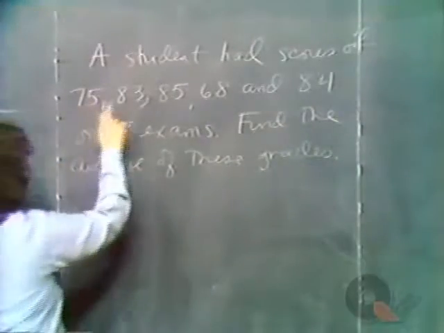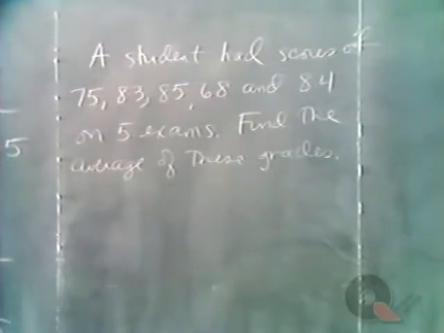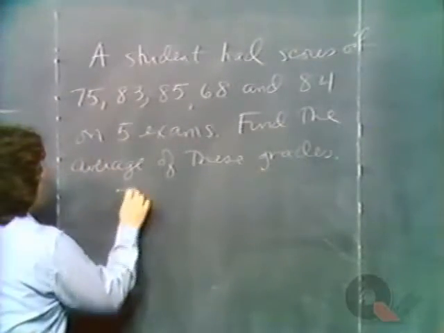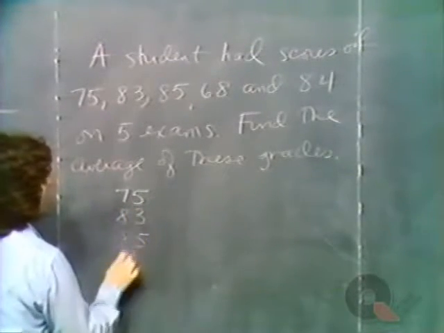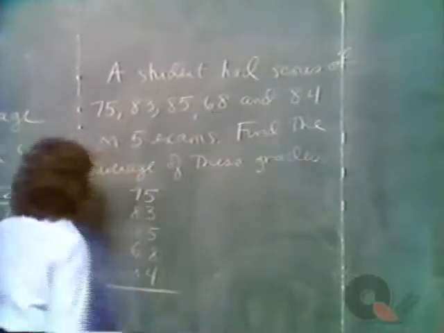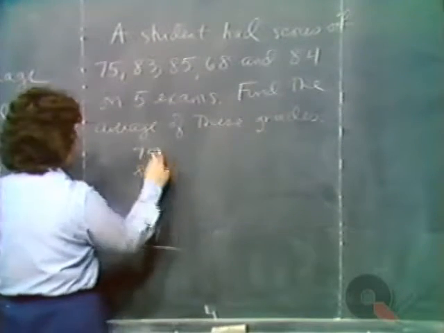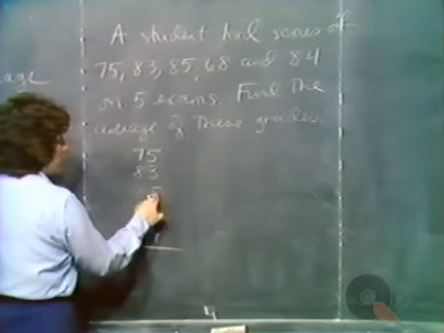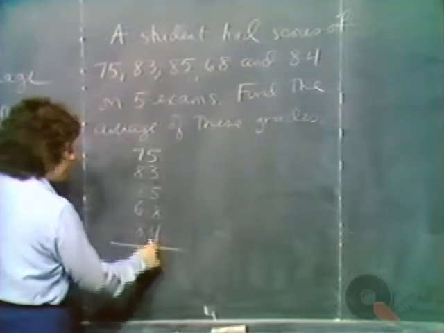Okay, there are 1, 2, 3, 4, 5 scores. You will add up the numbers, you will divide by 5. 75 plus 83 plus 85 plus 68 plus 84. Okay, 5 plus 3, 8 plus 5, 13 plus 8, 21 plus 4, 25.